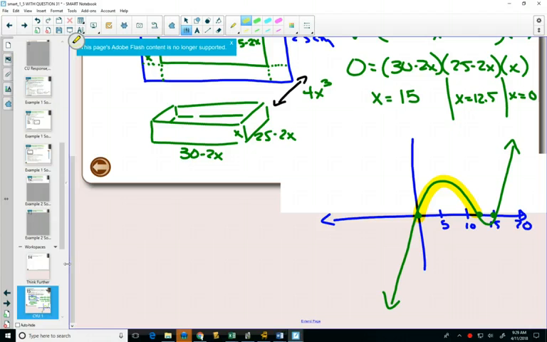So if we wanted to write our domain, and on the exam, they would probably technically also accept the equal sign, because if you decided not to cut anything out, you do still have something with zero volume. Not very useful, but I guess it still does exist. Whereas if you cut out more than 12.5, it's not even possible to do.